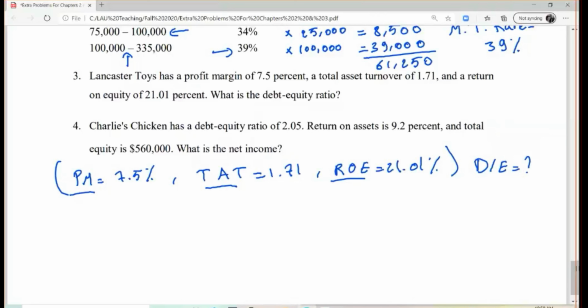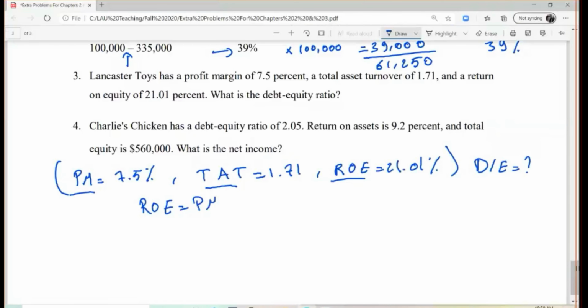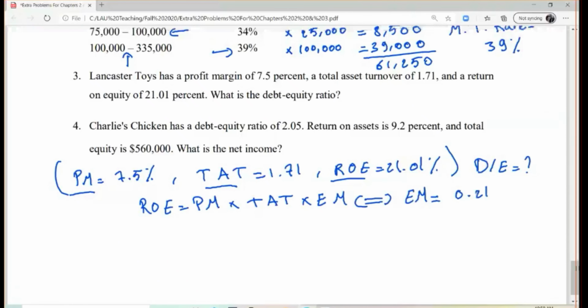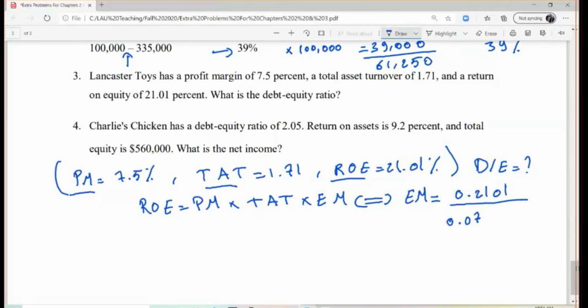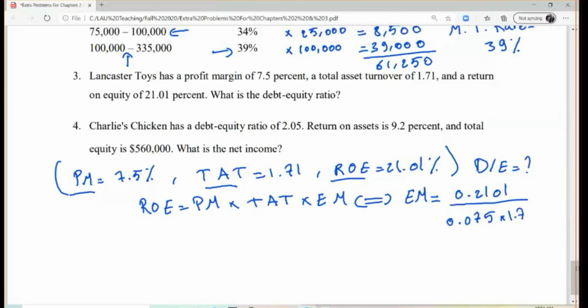So here I can say return on equity equals profit margin times total assets turnover times equity multiplier. So the equity multiplier equals the return on equity, 0.2101, divided by 0.075 times 1.71.